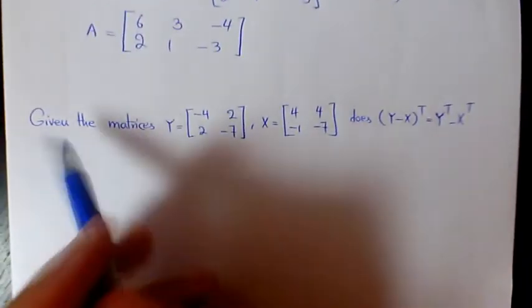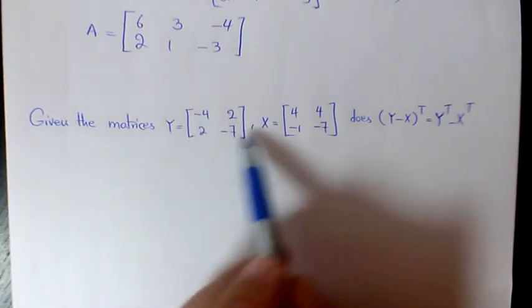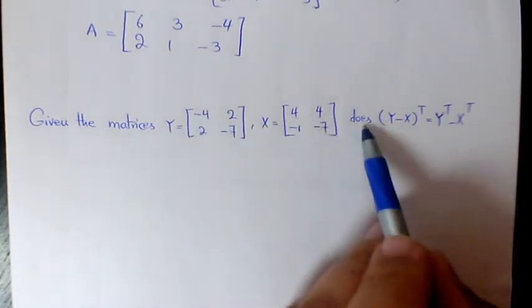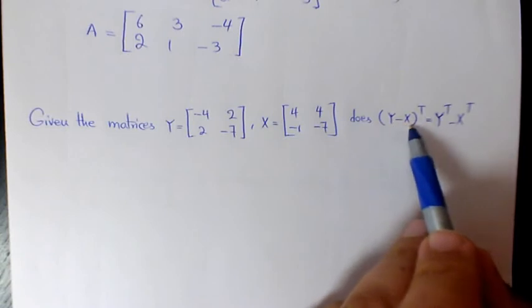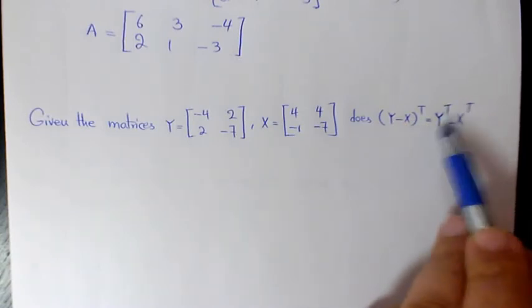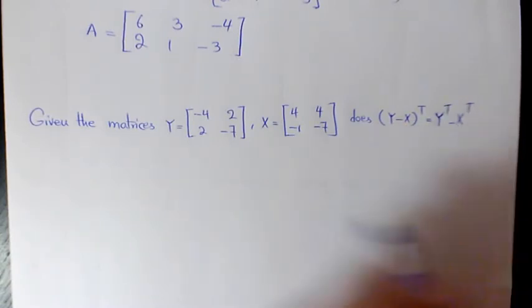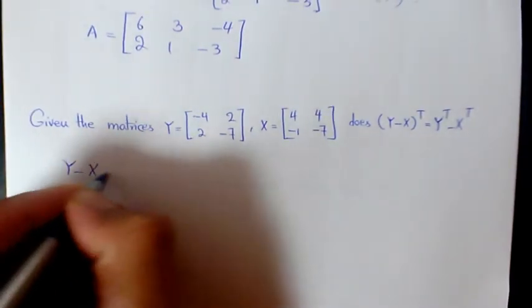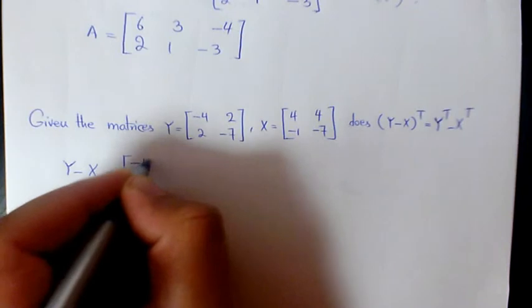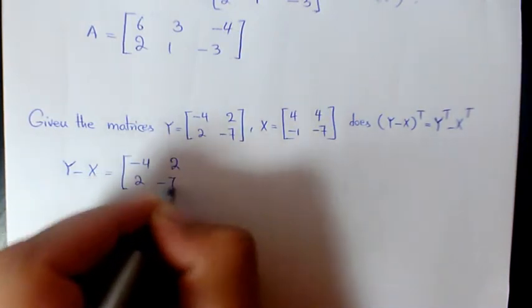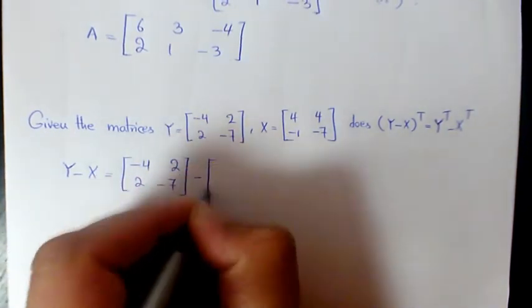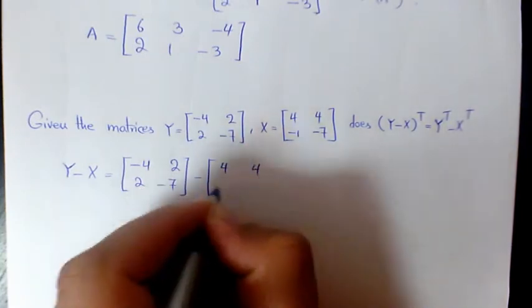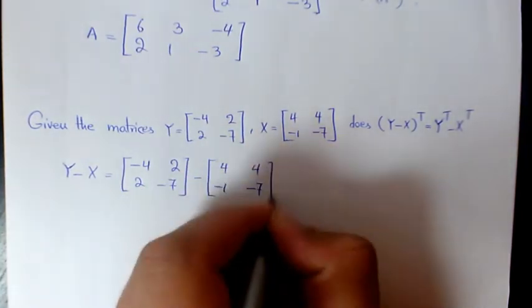Next one, given the matrices y, a 2 by 2, and x, a 2 by 2 matrix, does the transpose of y minus x equal the transpose of y minus the transpose of x? So y minus x is going to be negative 4, 2, 2, negative 7, minus 4, 4, negative 1, negative 7.